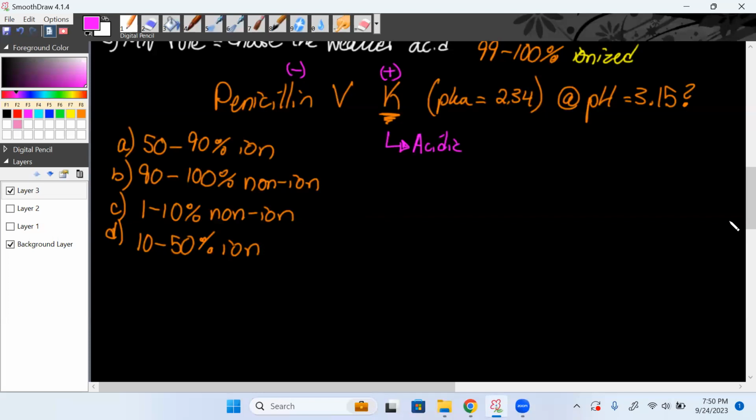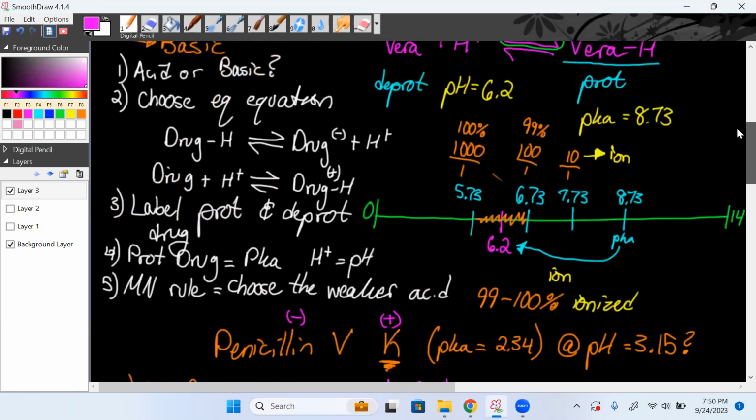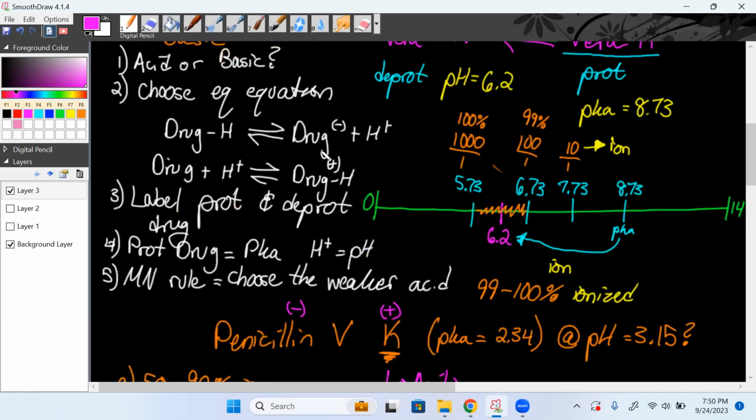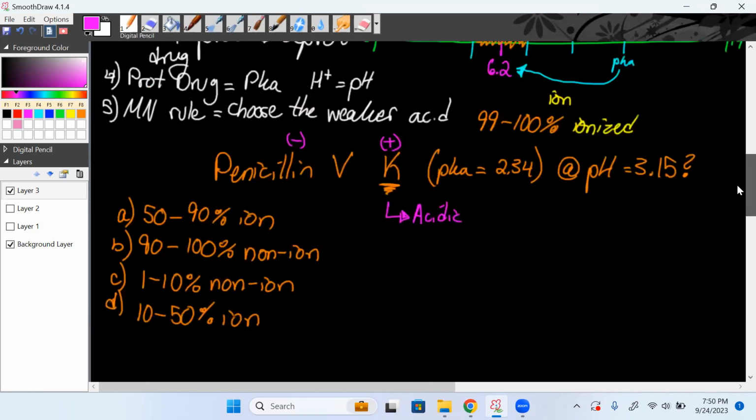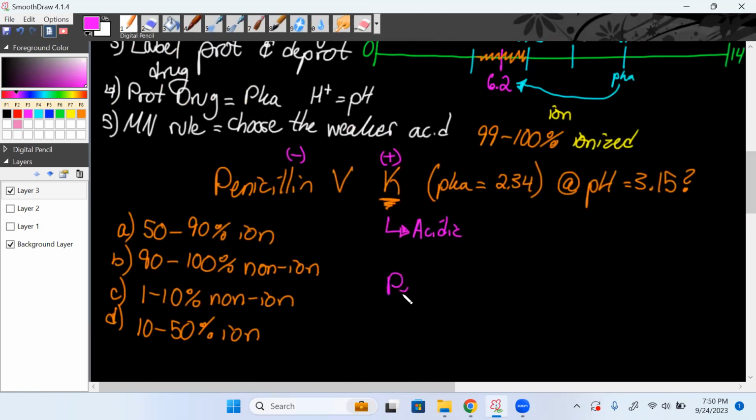For acidic drugs, the equation that we're going to choose is this first one here. So we would have penicillin with its hydrogen dissociating into penicillin negative plus H plus.